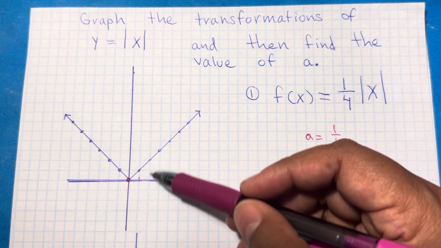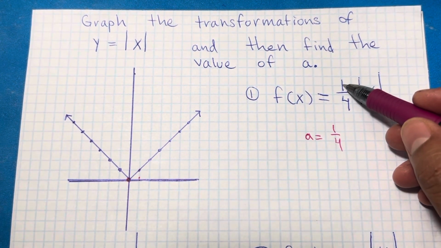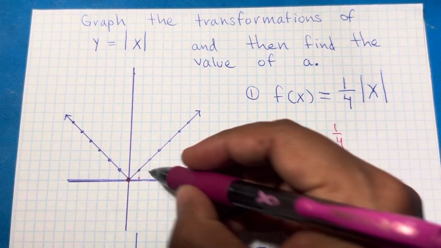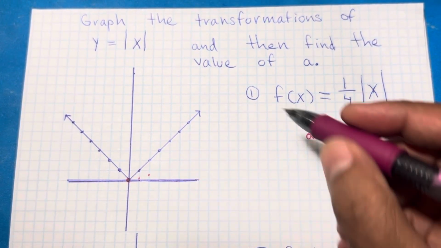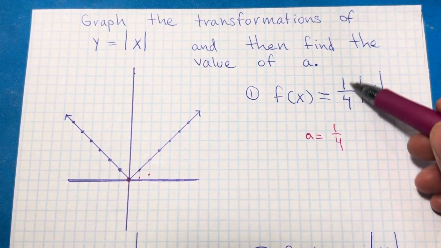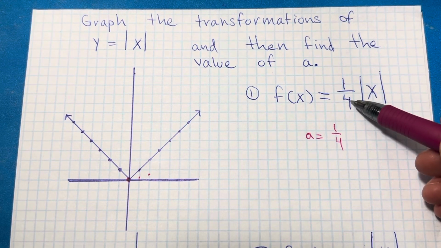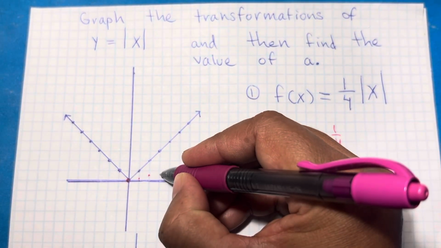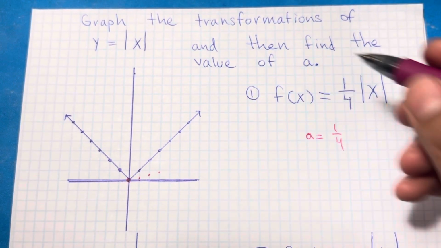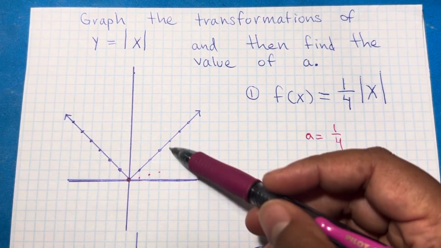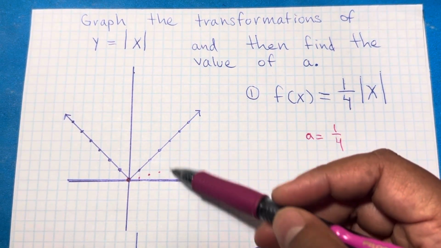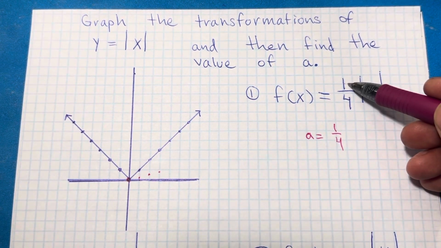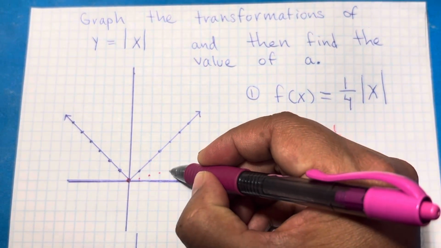The next one is 2. 2 times 1 is 2, divided by 4 is 0.5, so it's around here. 3 times 1 is 3, divided by 4 is 3/4, so 3/4 is around here. For this one, the value of y is 4. 4 times 1 is 4, divided by 4 is 1, so it's right here.